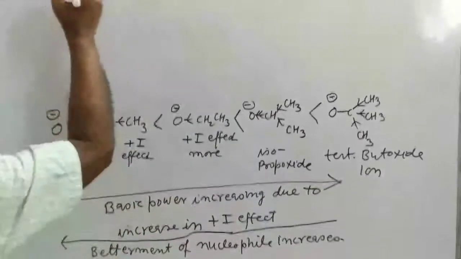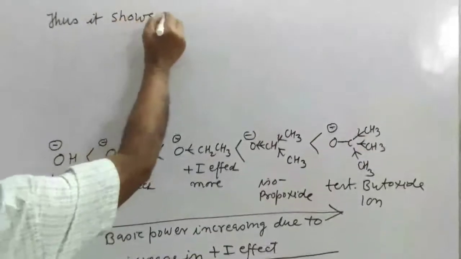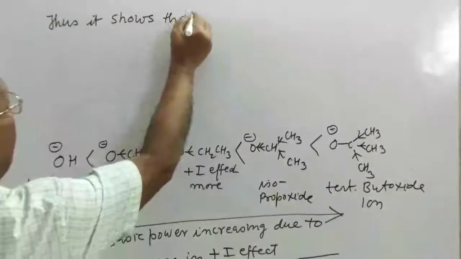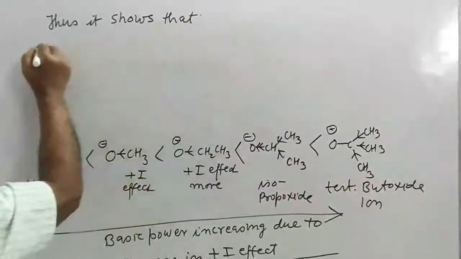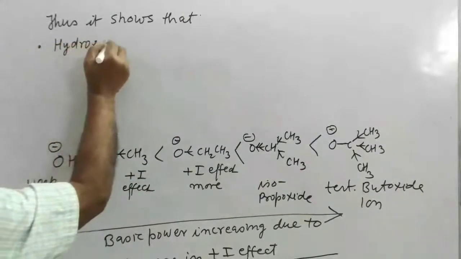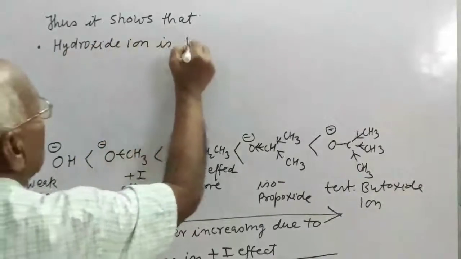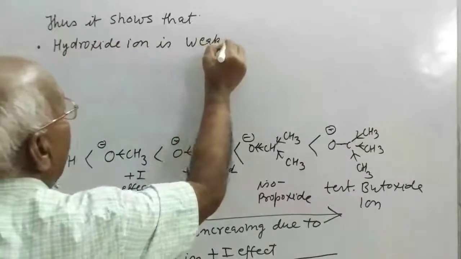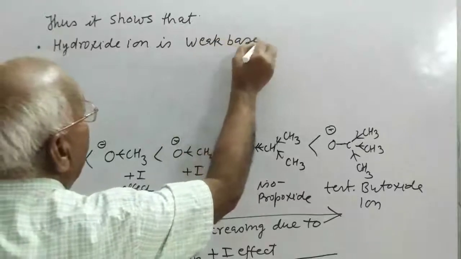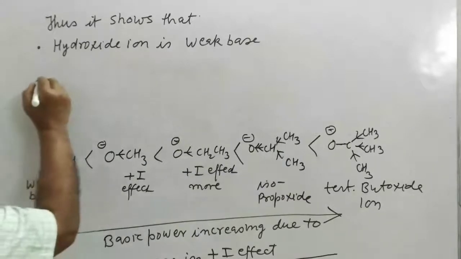So thus it shows that hydroxide ion is poor base. Hydroxide ion is weak base, but it is better nucleophile.